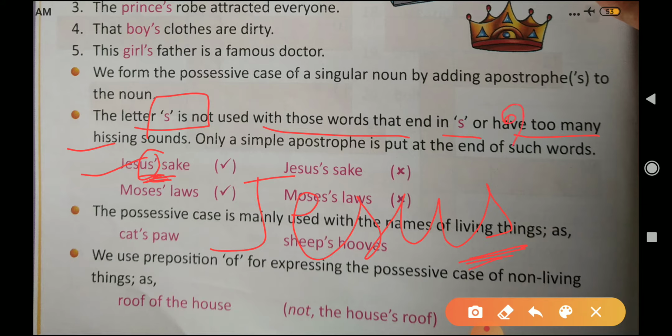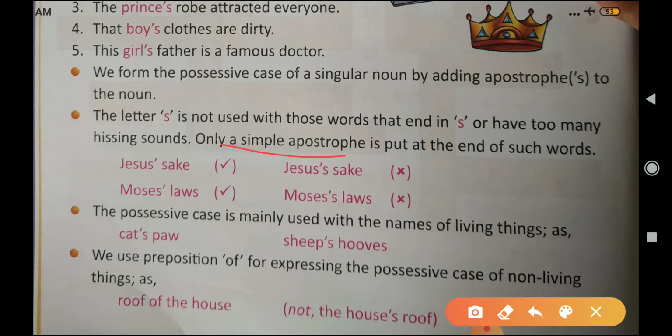So we don't write it as apostrophe and s. This is wrong. Only a simple apostrophe is put at the end of such words. So Jesus cannot be written like Jesus's sake. We have to write it as Jesus' sake.